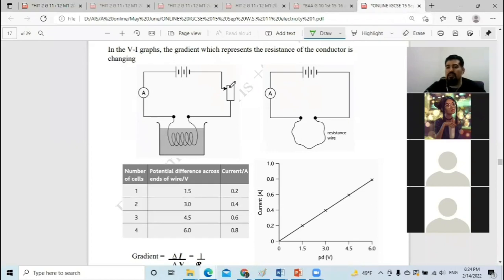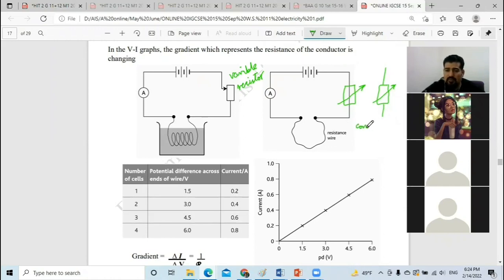This is how one of them looks. They call it a variable resistor. Another way to draw the variable resistor is like a resistor, but with an arrow passing through it like this. So this is the variable resistor, or rheostat. What does it do?